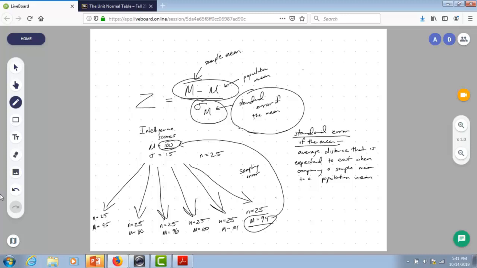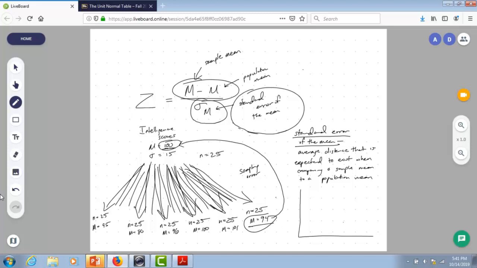Stick with me, folks. If we were to pull sample after sample of 25 individuals, up to infinity, and calculate sample means for all of them, we are likely to have sample means all over the place. Then if we were to plot those sample means, what will likely occur is that we will get a normal distribution of sorts.